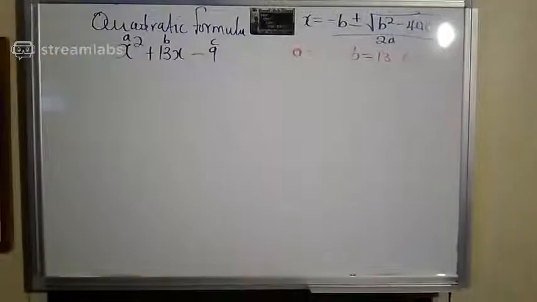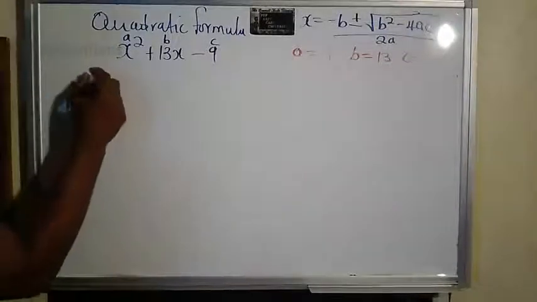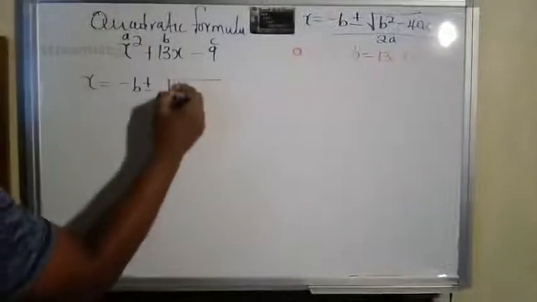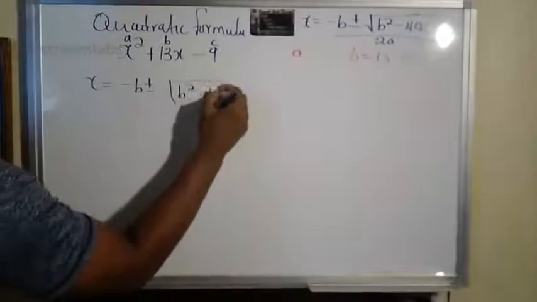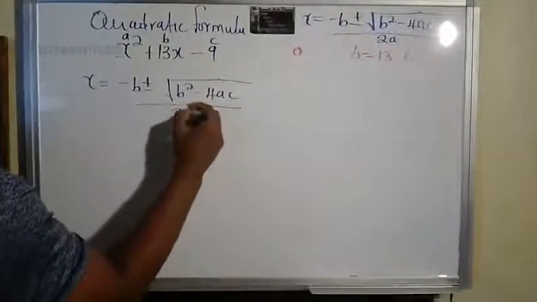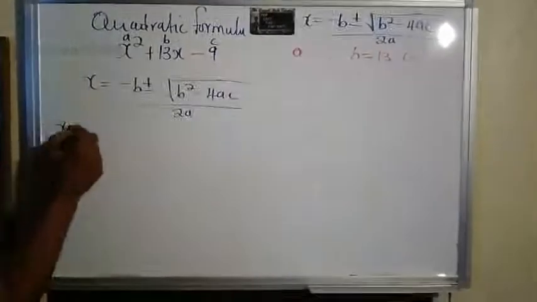Now we just rewrite the formula. So that will be x equals minus b plus or minus the square root of b squared minus 4ac, all divided by 2a. And now we just substitute the values.